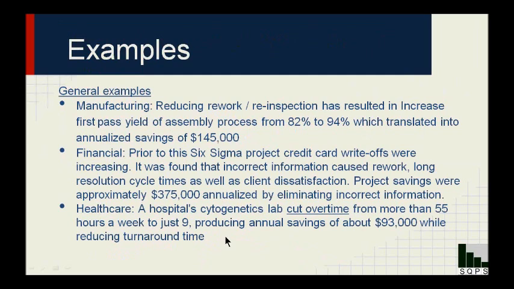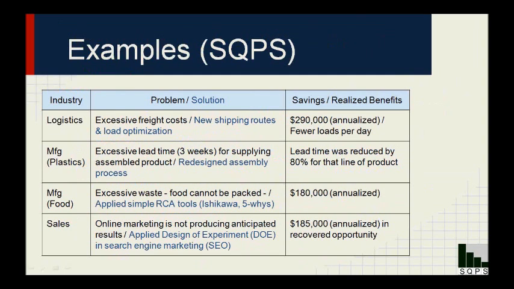Healthcare in a lab, cutting overtime, saved the hospital about $93,000 for that particular lab, that particular project. From our experience, we had some of the projects. You can see here excessive freight cost, new shipping routes, and load optimization. You can see the annualized reduction.